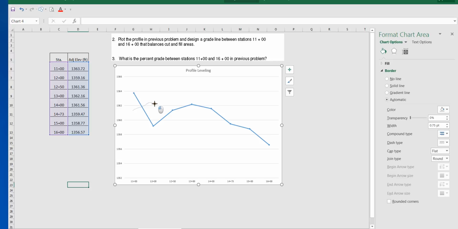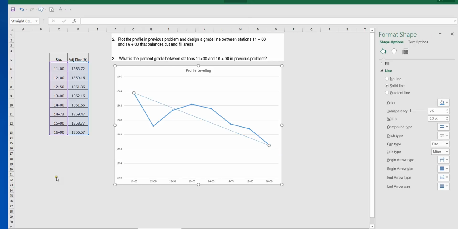I need to create some type of profile in here that balances the cut and fill. So I'm just going to do a straight line to make my life a little bit easier. Let's say I have to tie into the natural ground and tie it back in to natural ground. I'm going to change that to red and make it a bit wider.